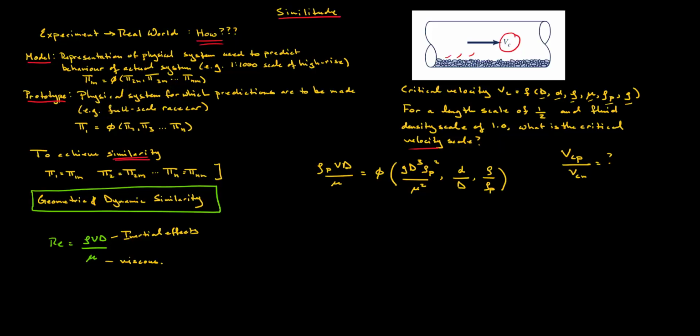So, when we're saying that we have a length scale of 1/2, this suggests that the diameter of the model is 1/2 that of the diameter of the prototype. We have a fluid density scale of 1, which means that the density of the model is equal to the density of the prototype.